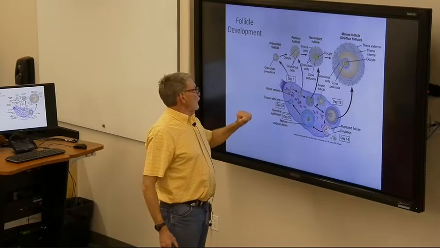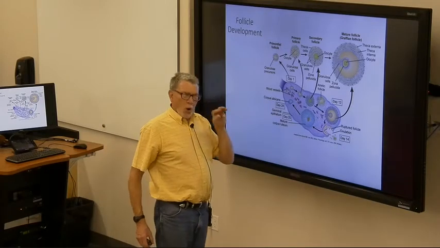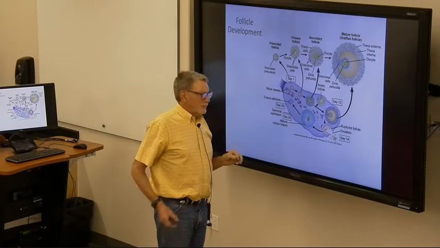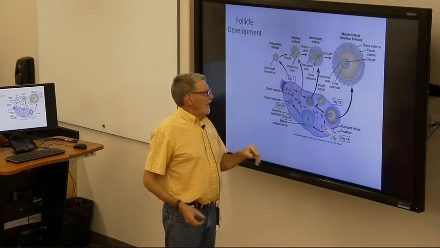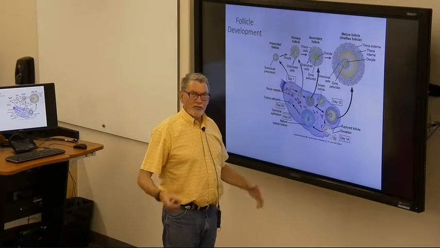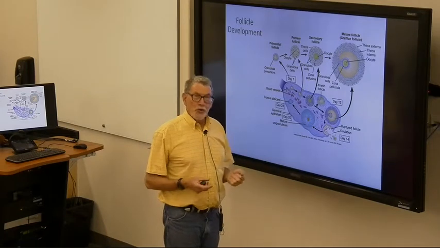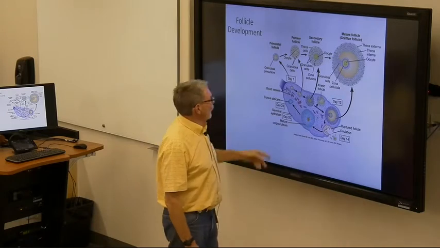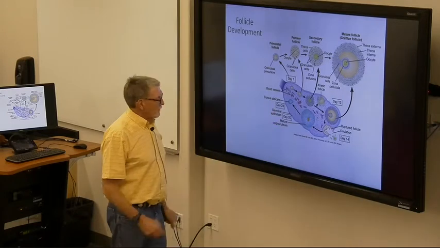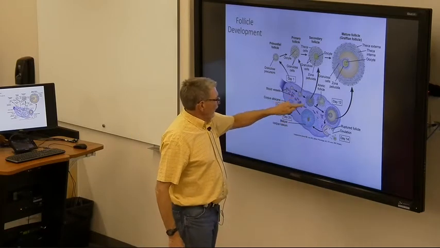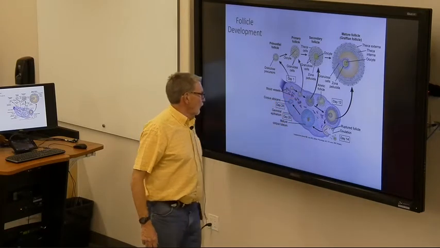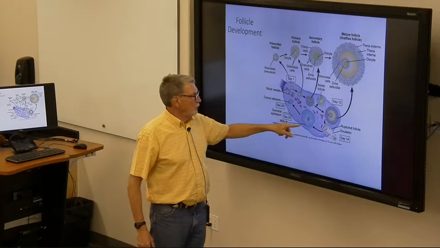Each month you start off with a small group of ova, and they start developing, and one of them predominates, takes all the nutrients, and grows into the primary follicle, the Graafian follicle. The Graafian follicle is surrounded by a group of secretory cells called the corpus luteum.